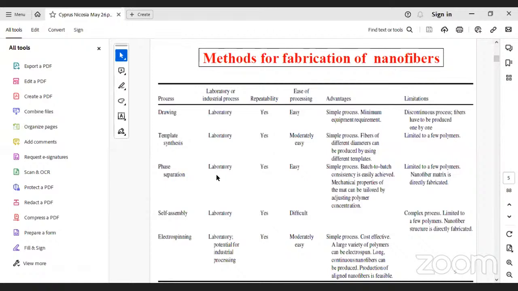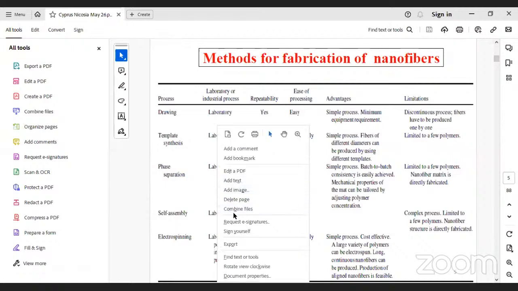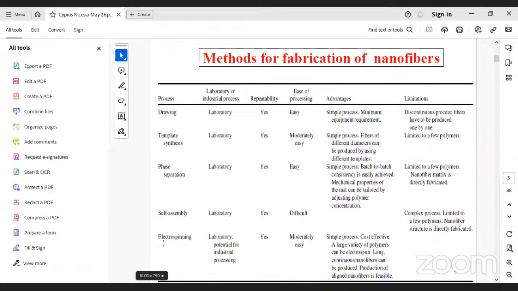But when we talk about the fabrication of these nanofibers, the electrospinning technique is used specifically because it is a laboratory-based technique with potential for industrial processing. Repeatability is possible because we can change the parameters continuously, and upon changing the parameters we can develop the nanofiber as per our requirement.